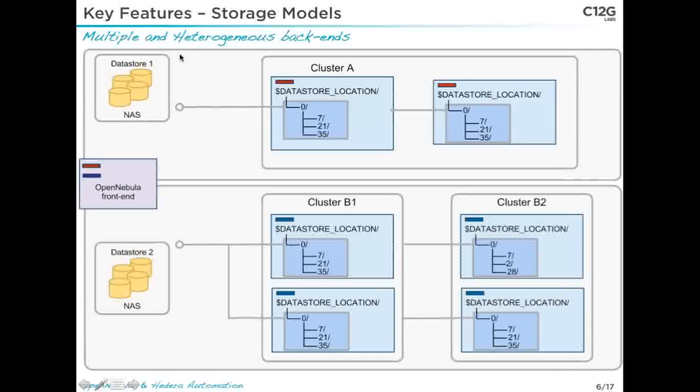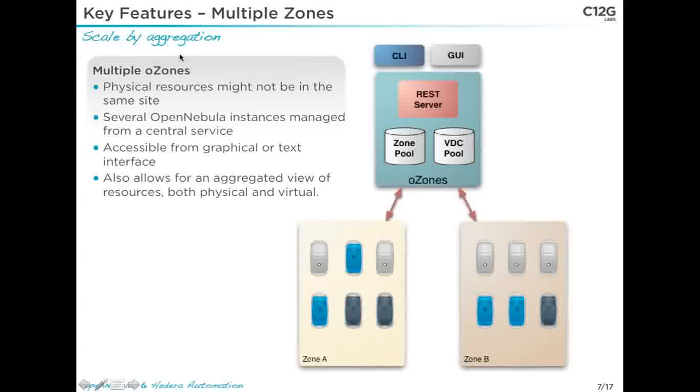In this way, you can sort of prevent the major bottleneck of cloud infrastructures, which is the input-output of images and also virtual machine disks. Also, these data stores can be heterogeneous, meaning that OpenNebula supports different storage backends.